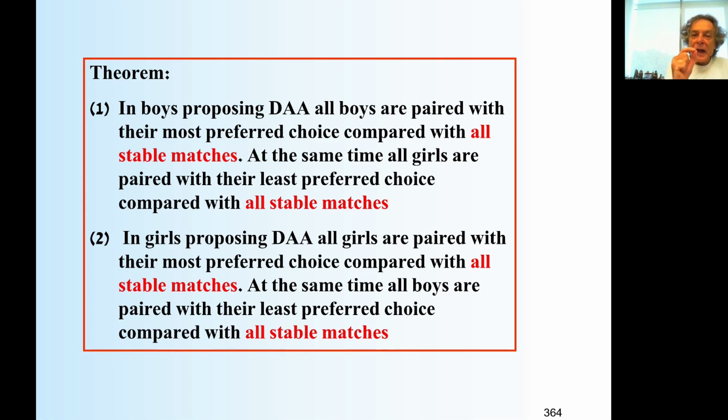I look at what Adam got in all these 50, all possible girls that Adam got in all stable matches. The best that he could get is where boys are proposing, in that stable matching obtained by the boys proposing Deferred Acceptance algorithm.